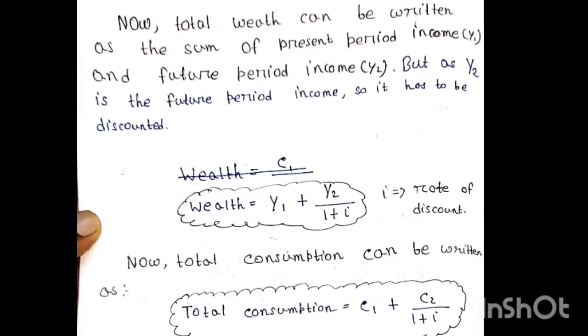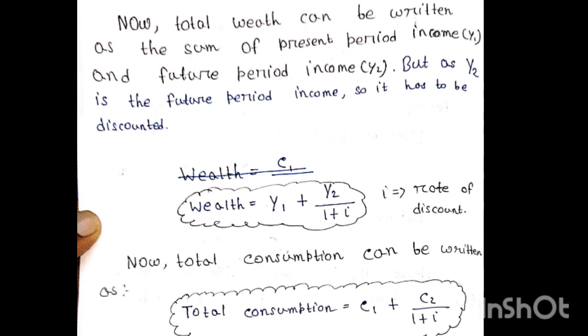Now we have to calculate the total wealth of the consumer. What is the total wealth of the consumer? That is the present period wealth plus the future period wealth. We are adding both periods' wealth, Y1 plus Y2, which will be equal to the total wealth of the consumer. But the future period income is not certain.